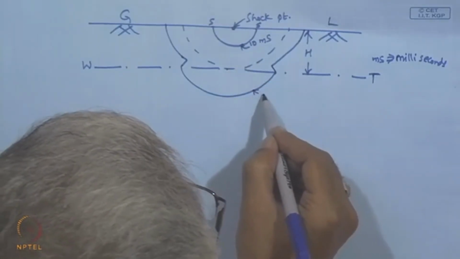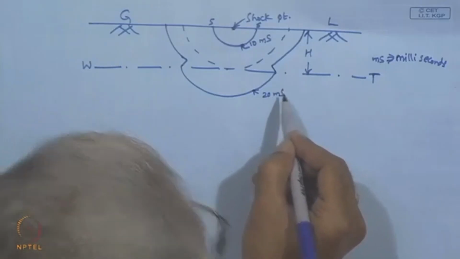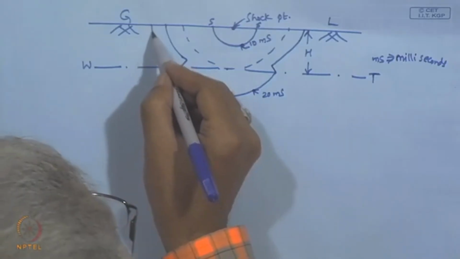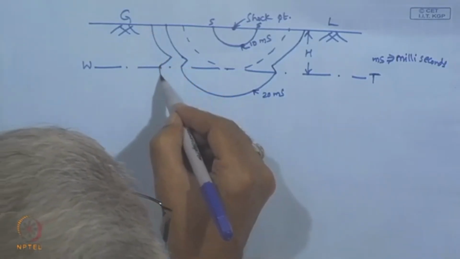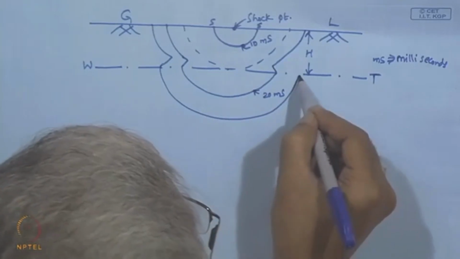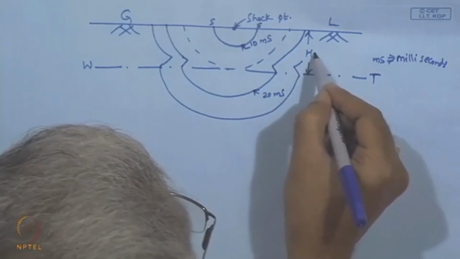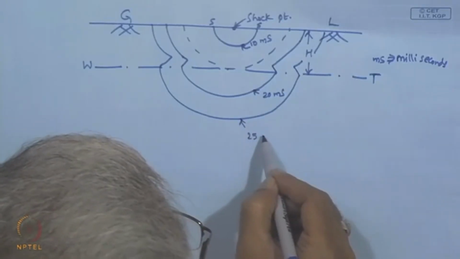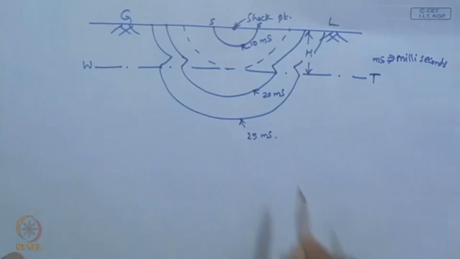So this curve represents 20 milliseconds, and likewise this represents maybe say 25 milliseconds.